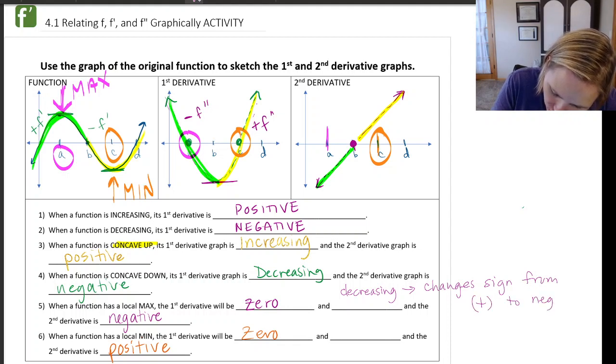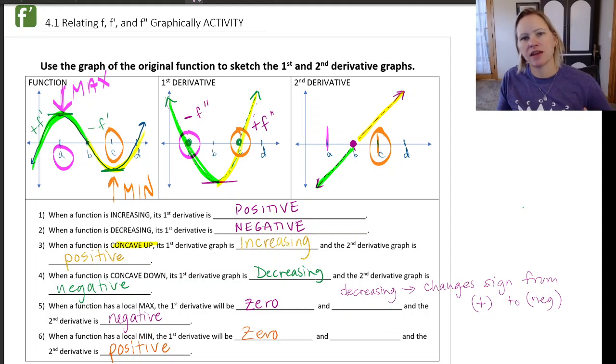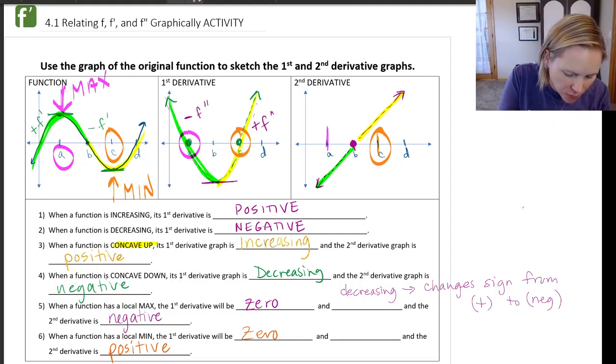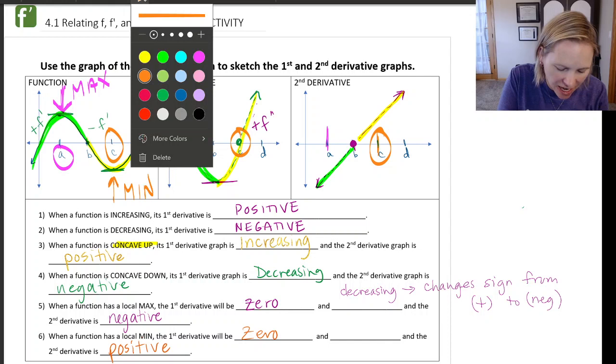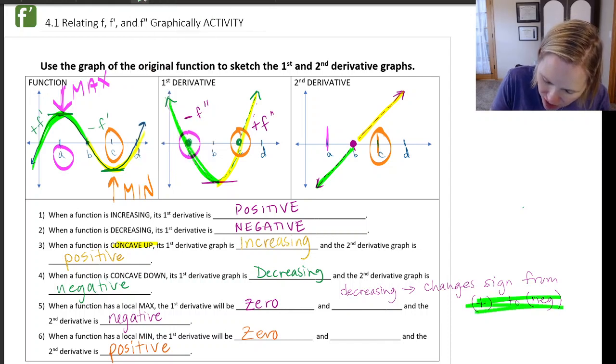So if it's decreasing, we're going to see a sign change. You need to talk about the fact that your function changes sign. That's the critical piece of info here that we need to focus on, that sign change. So we change signs specifically from positive to negative.